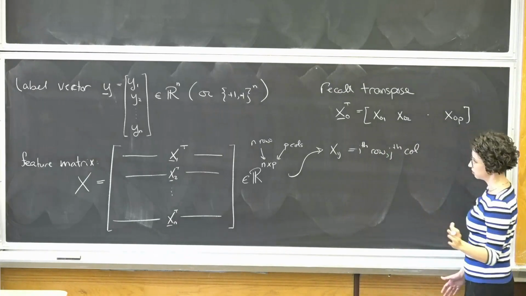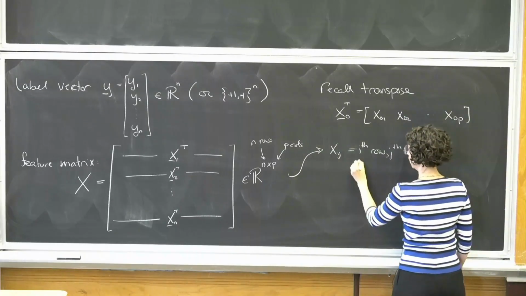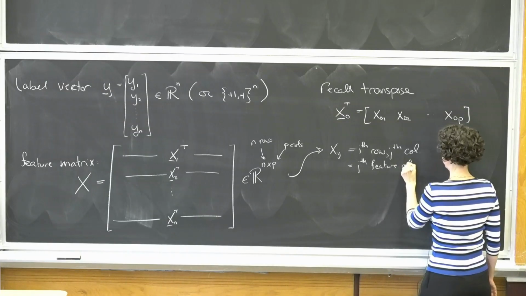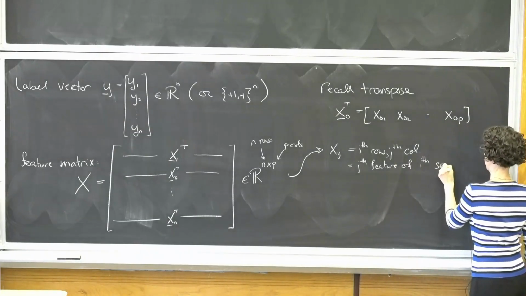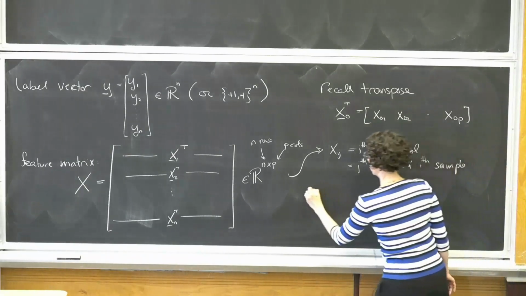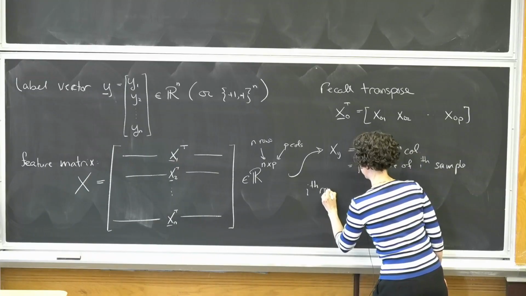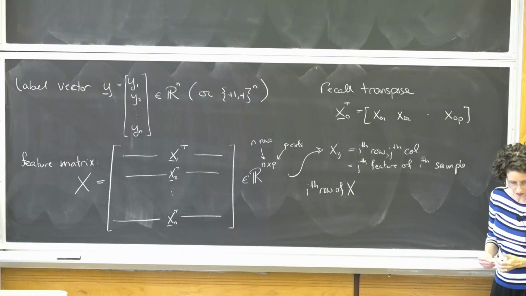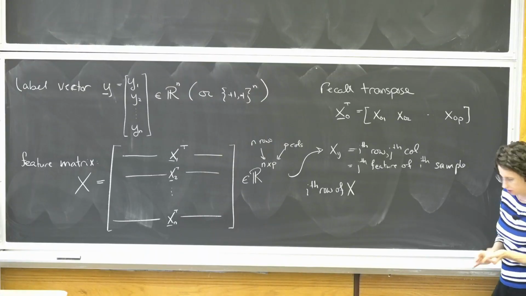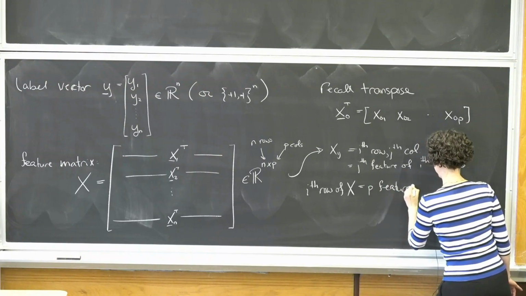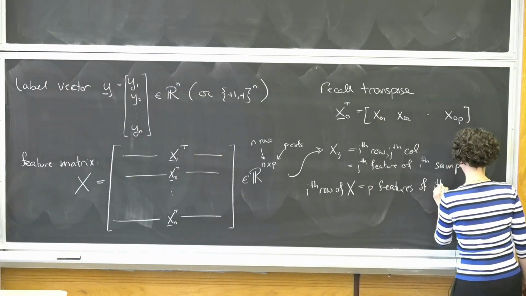And also, just like we talked about last time, it is equal to the jth feature of the ith sample. So the ith row of the big matrix X is going to be equal to the p features of the ith sample.